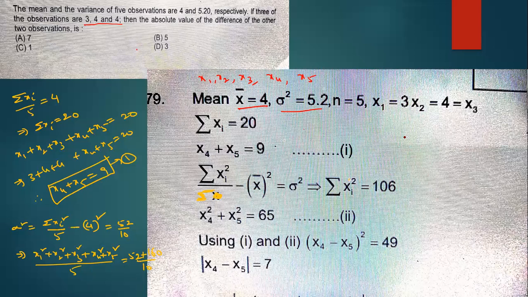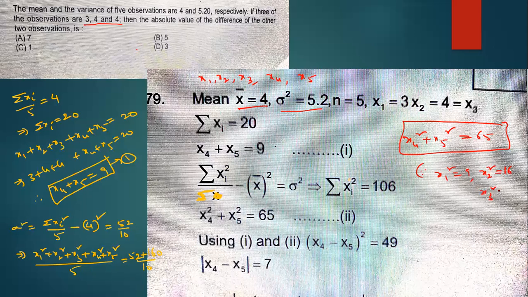From this, x4 square plus x5 square is 65. Why? Because x1 square is 9, x2 square is 16, x3 square is also 16; subtract these values. So this is equation 2.